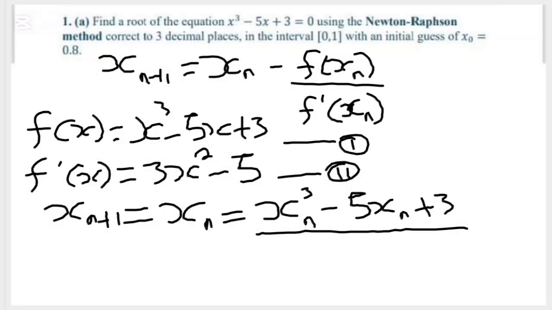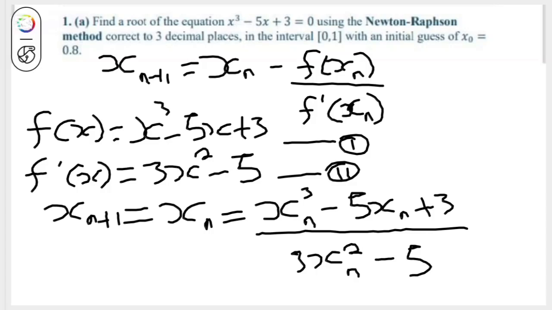So I'm going to substitute it: 3x squared, subscript of n, subtract 5.